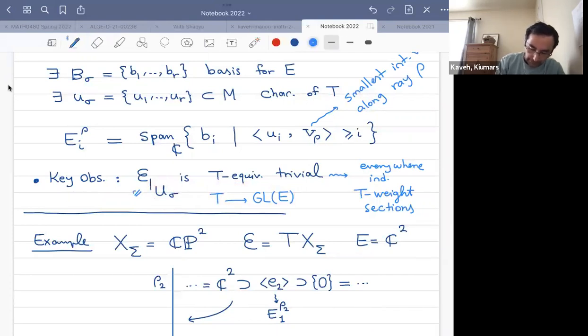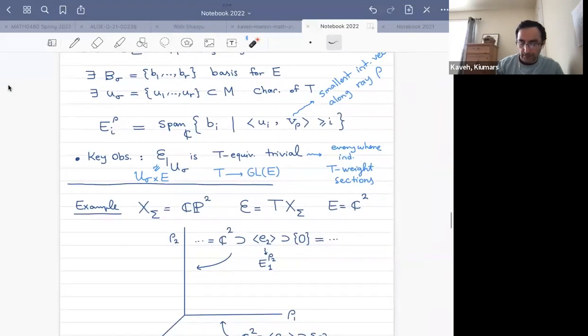So trivial means isomorphic to this cross E, sorry, affine chart cross E. This is a trivial bundle, and the action of T on the fibers comes from one homomorphism. So this is proved by showing that there exists a collection of T weight sections for the vector bundle, global sections which are torus weight vectors, and they are everywhere independent.